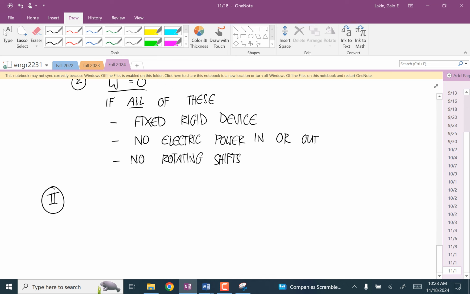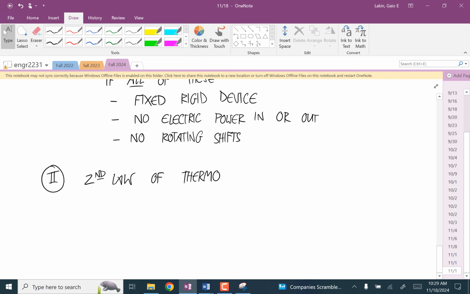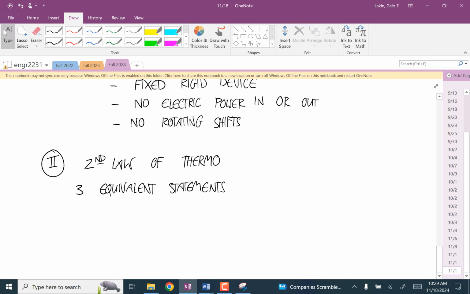Okay, second law of thermodynamics. So it starts with 3 equivalent statements. And they all have different uses.